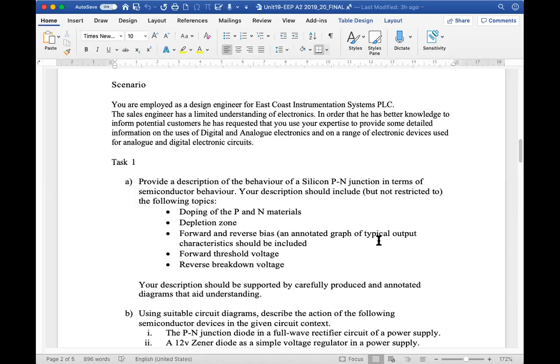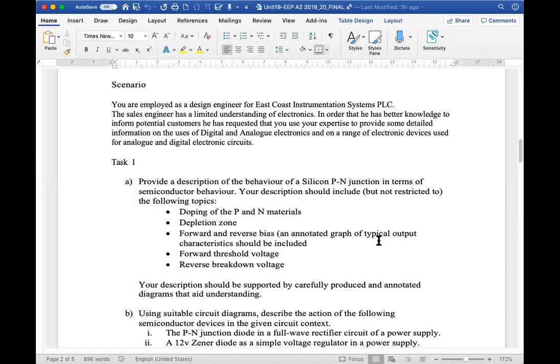So we covered that last week. So asking you to outline how that analog signal is represented voltage-wise as a straight analog signal, and how a digital system would represent that voltage signal.